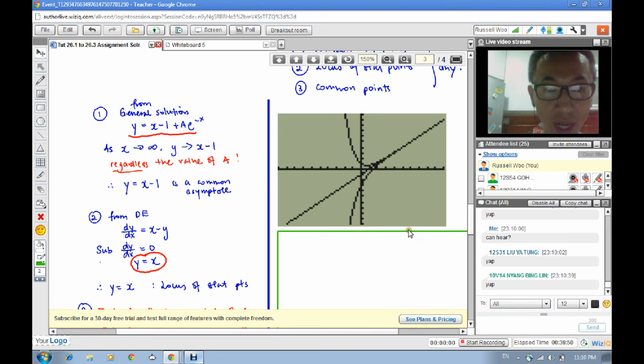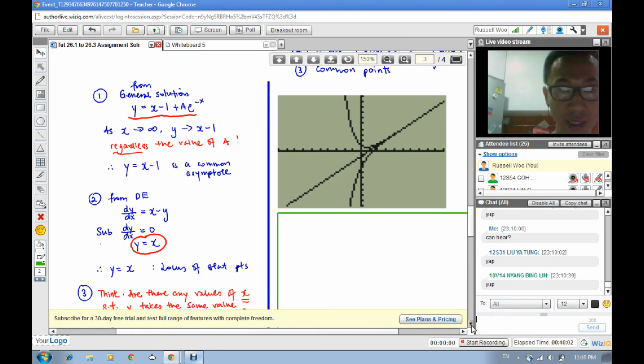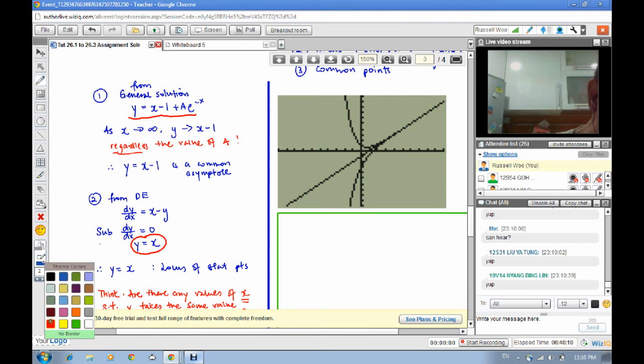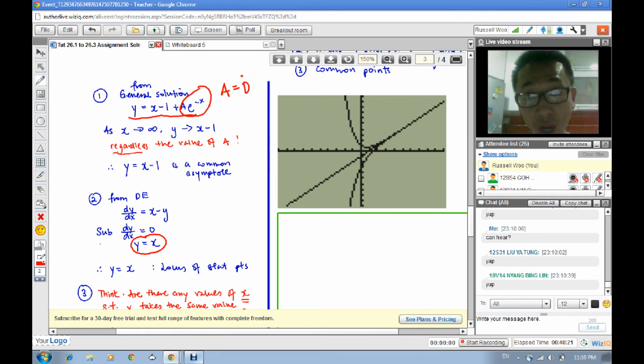So we must know that y equals x minus 1 is a common asymptote. In fact, if you substitute a equals 0 here, y equals x minus 1 is one of the solution curves.